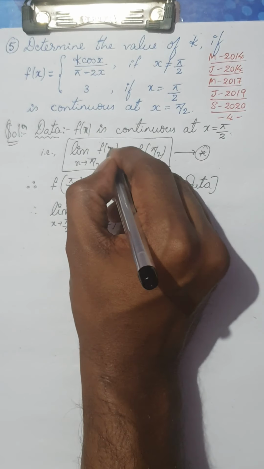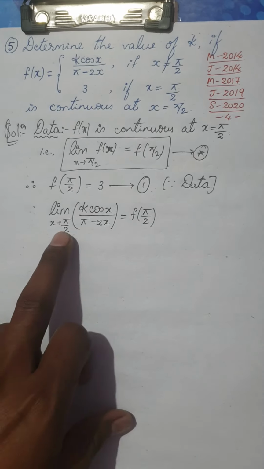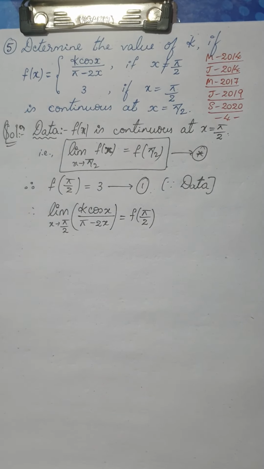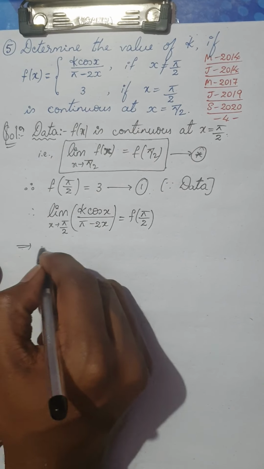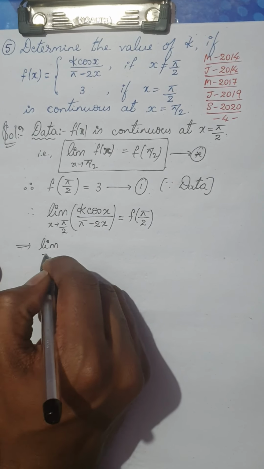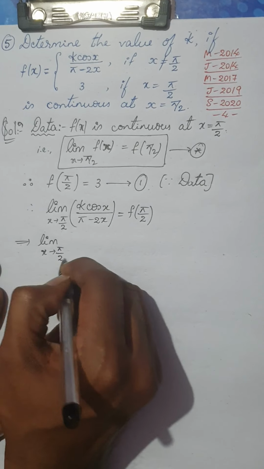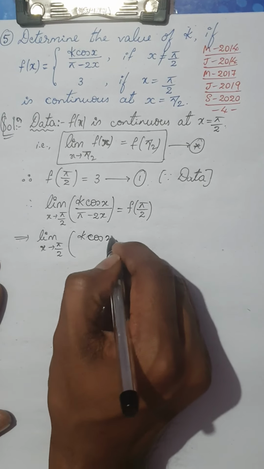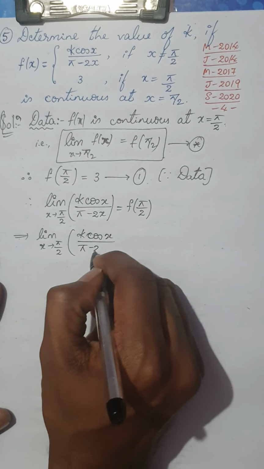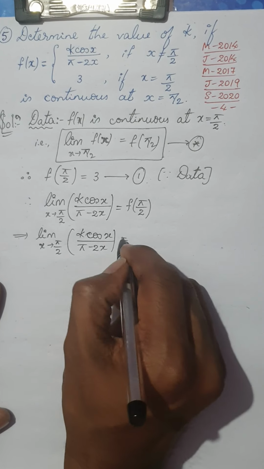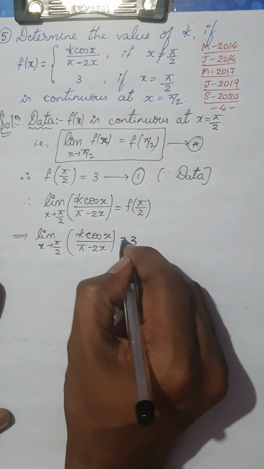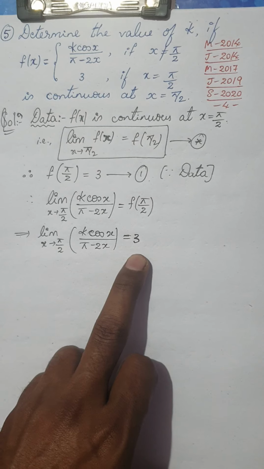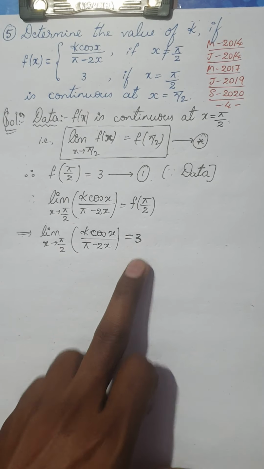Okay. Is it clear? This is f of x. So now I've substituted for f of x and f of pi by 2 I've taken. So this implies, okay, limit of x tending to pi by 2, I'm going to get k cos x divided by pi minus 2x is nothing but 3. Remember why it is 3? I've already taken in equation 1, it is equal to 3. Is it clear? Is it fine?